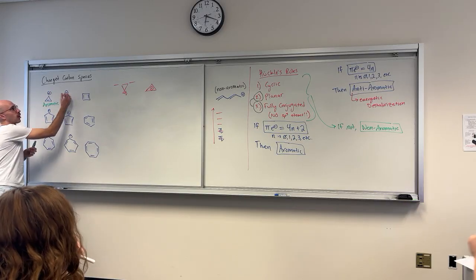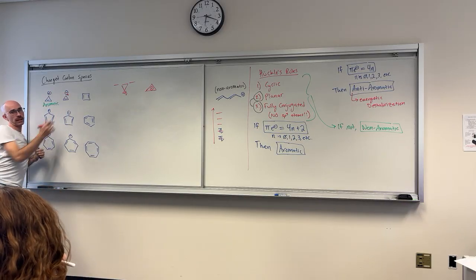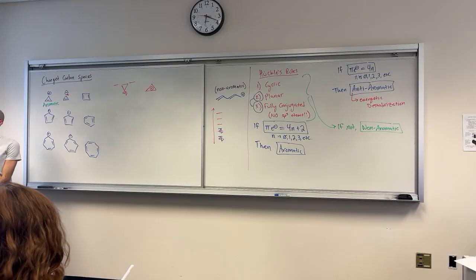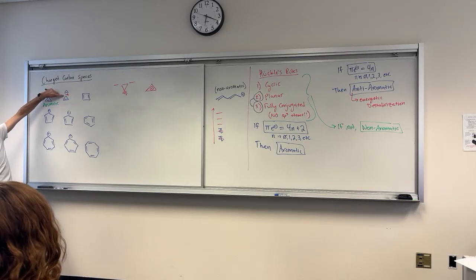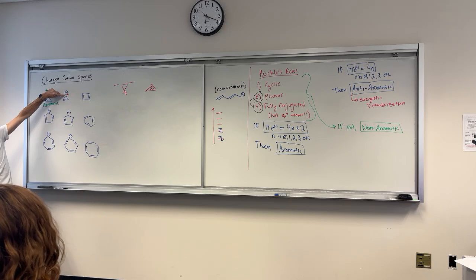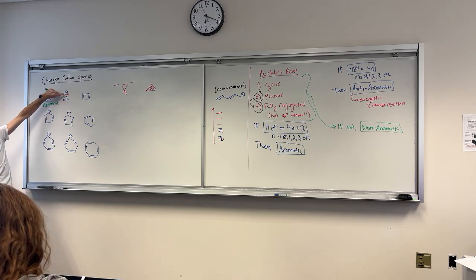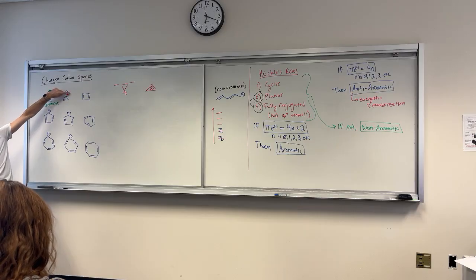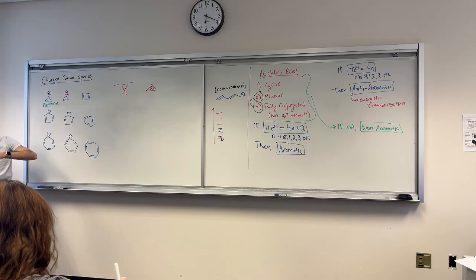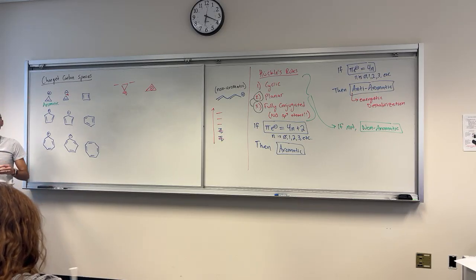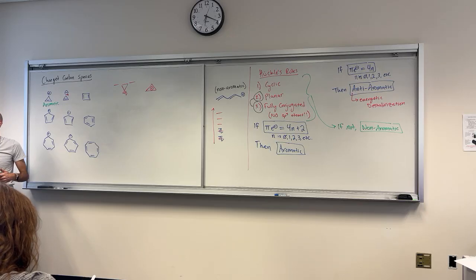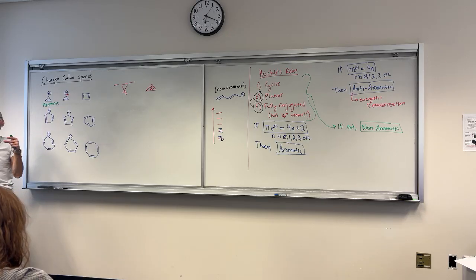So if it helps you, draw in that lone pair of electrons. What hybridization would you expect this carbon to have? You should expect it to be sp3 because the carbon has hydrogen, lone pair, carbon-carbon bond. That's 4 electron regions. There is an issue though, which is this carbon is squished.